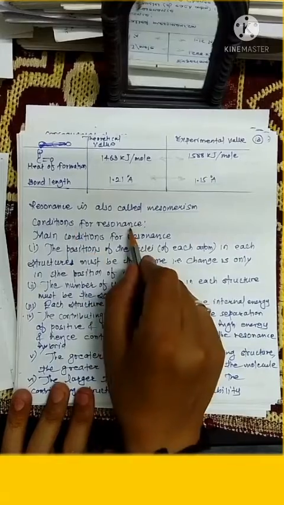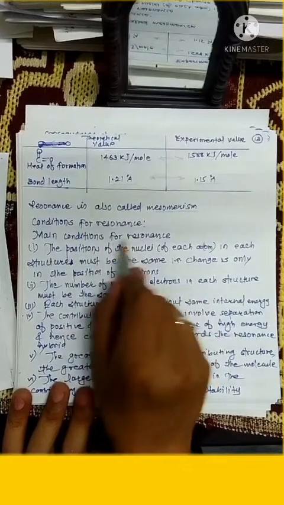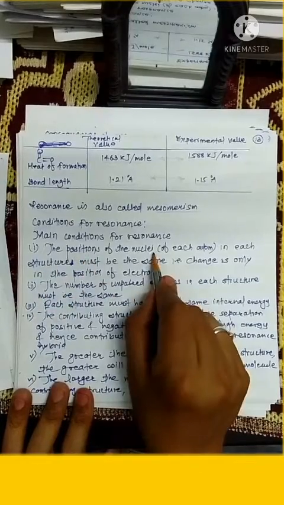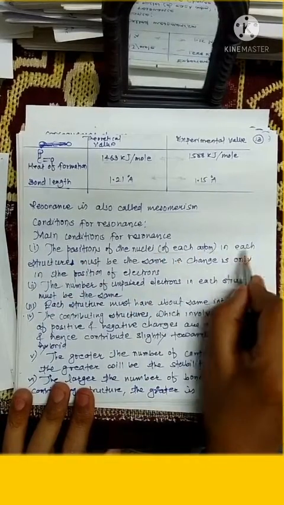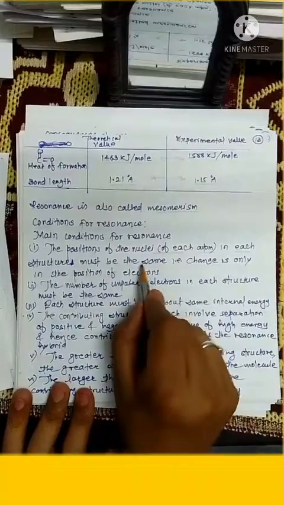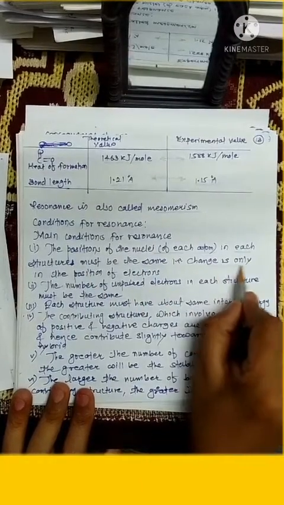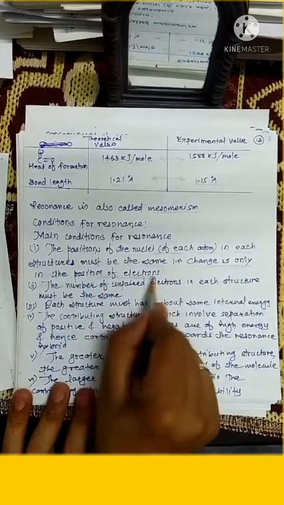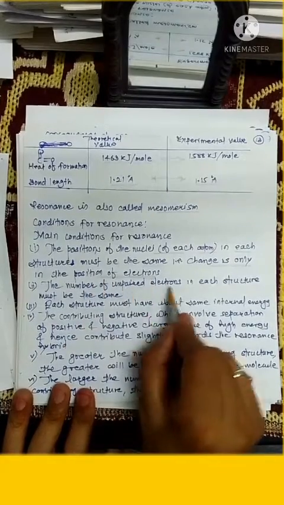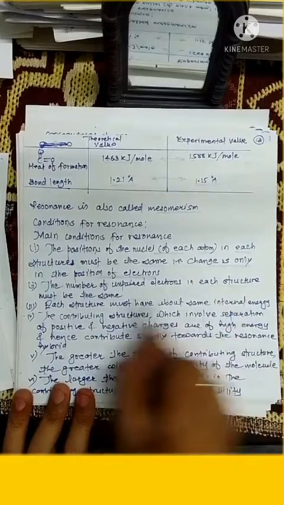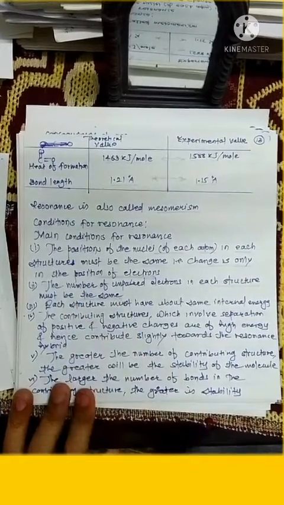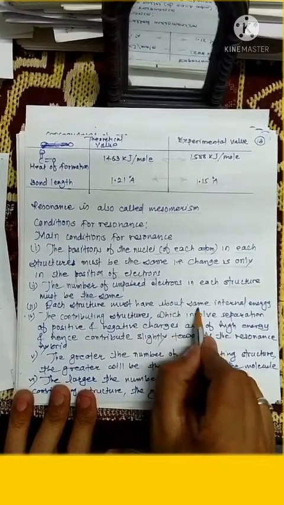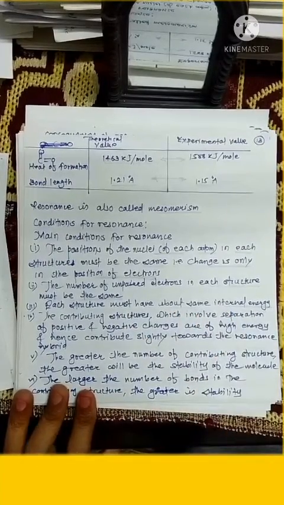Now, conditions for resonance. The main condition for resonance, that is the first condition, is that the position of the nuclei of each atom in each structure must be the same. That is, the change is only in the position of electrons. The number of unpaired electrons in each structure must be the same. Each structure must have about the same internal energy.